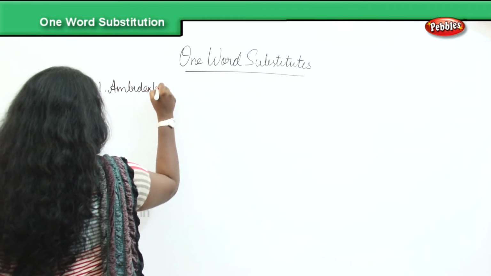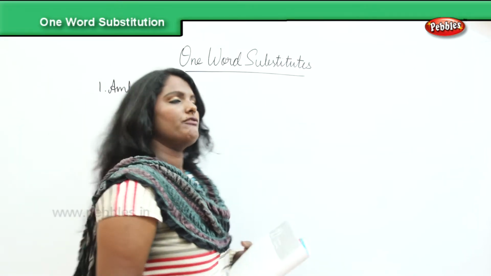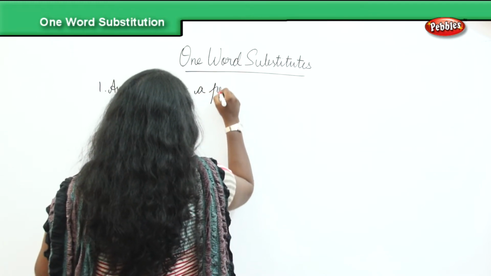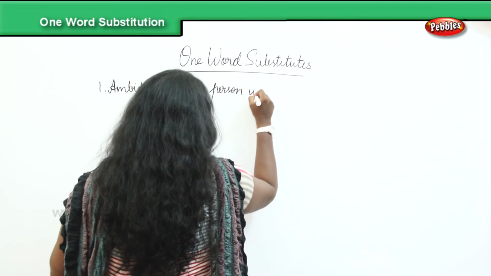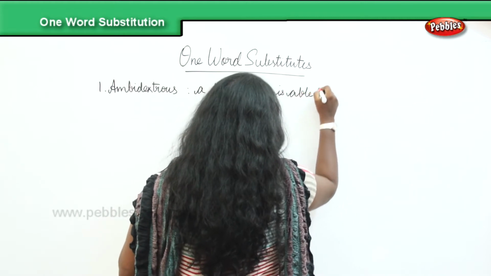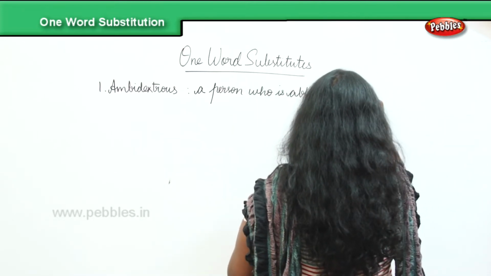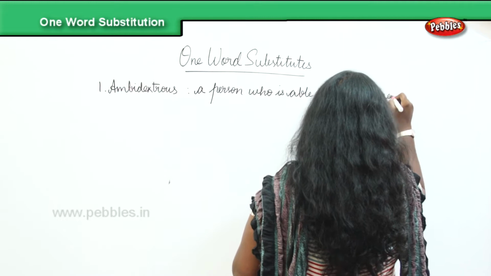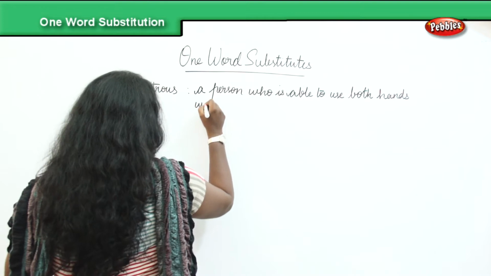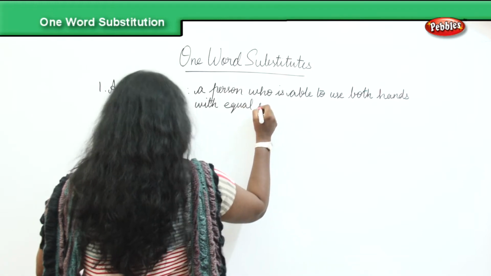ambidextrous. What is the meaning of ambidextrous? A person who is able to use both hands with equal skills.